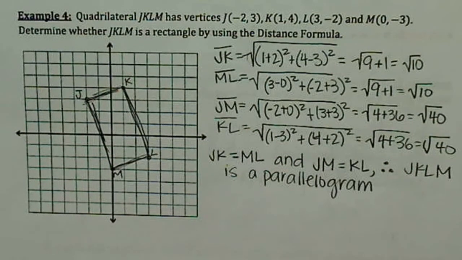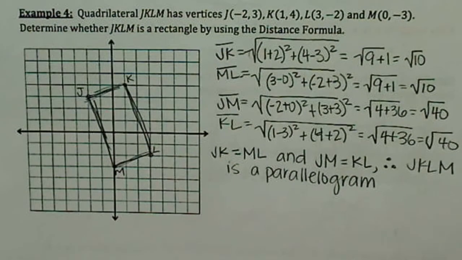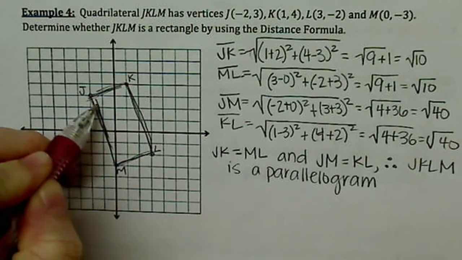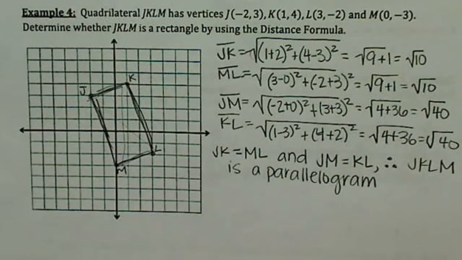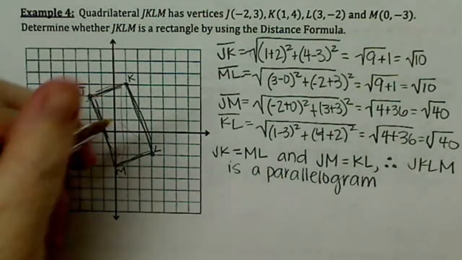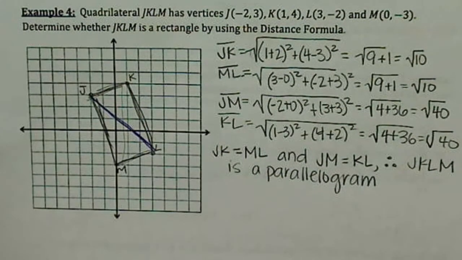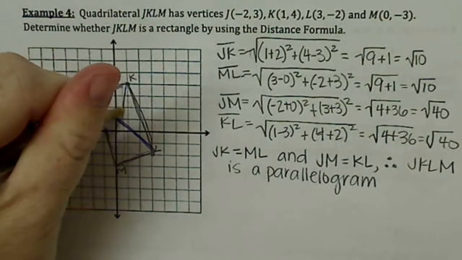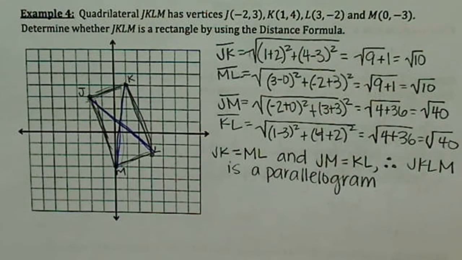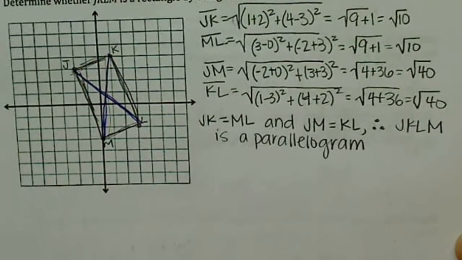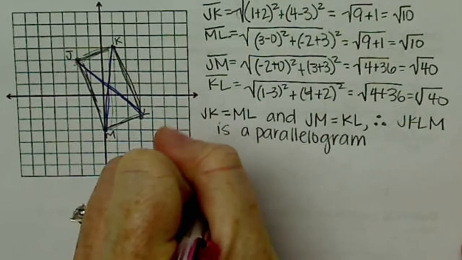But we want to make sure it's a rectangle. So in order for it to be a rectangle, the diagonals here need to also be congruent. So I have a diagonal here, JL, and I have a diagonal here, KM. I need to find the distance of both of those. So let's find the distance of JL.